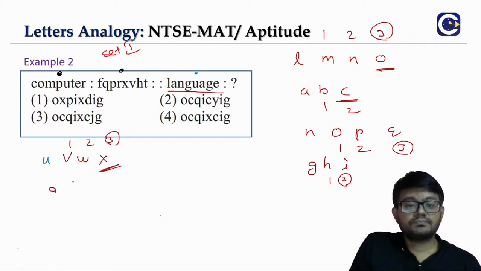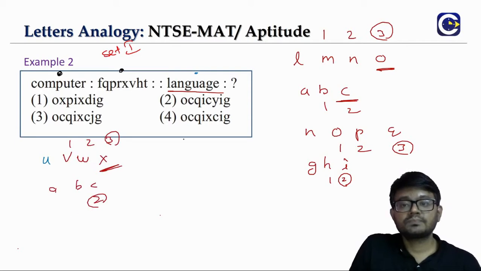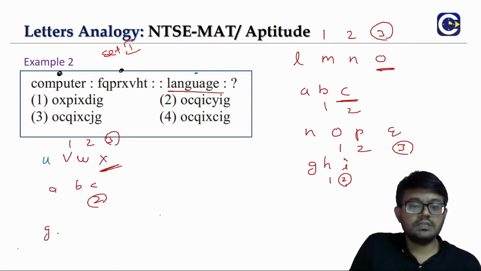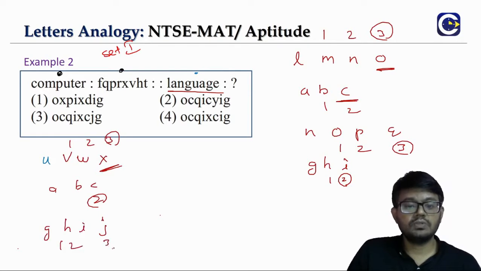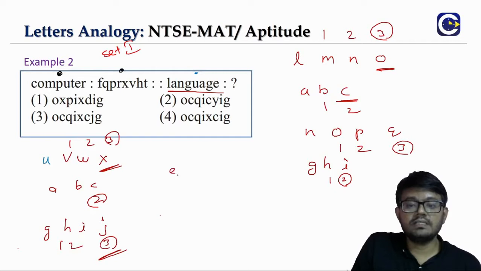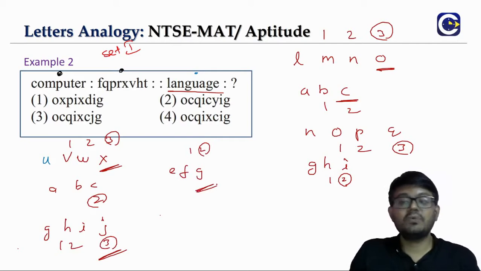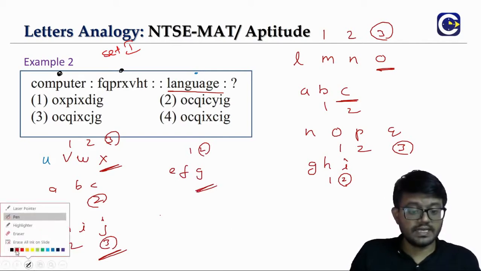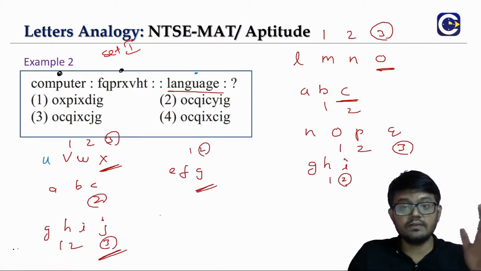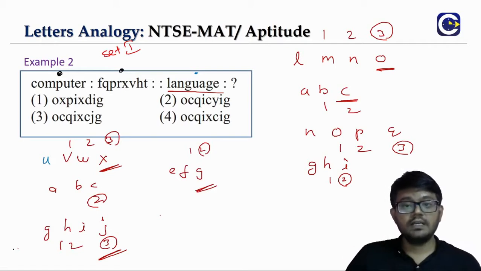A, B, C. 2. Then we have G, H, I, J. 1, 2, 3. Then we have what last? E is there. E, F, G. 1, 2. So you see what is the sequence we are going to get here. So we have done for all the letters so that we will be able to get the answer thoroughly.